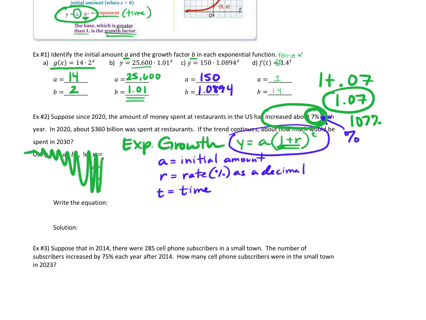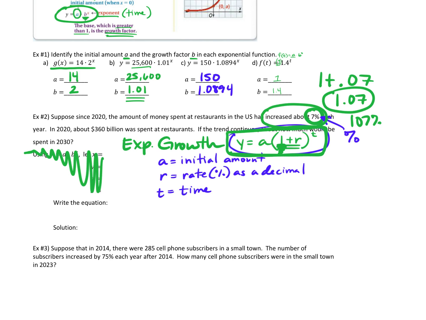I feel like that is the tricky part for people to wrap their brains around sometimes. So just make sure if there is a percent in your problem that you are setting it up with this equation, because then it's going to add that 1 for you so that you don't take it down to 7% of what it was. You add 7% to what it was.